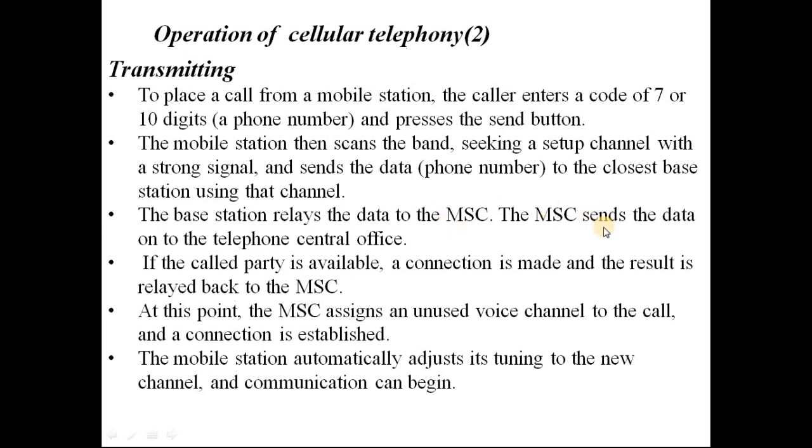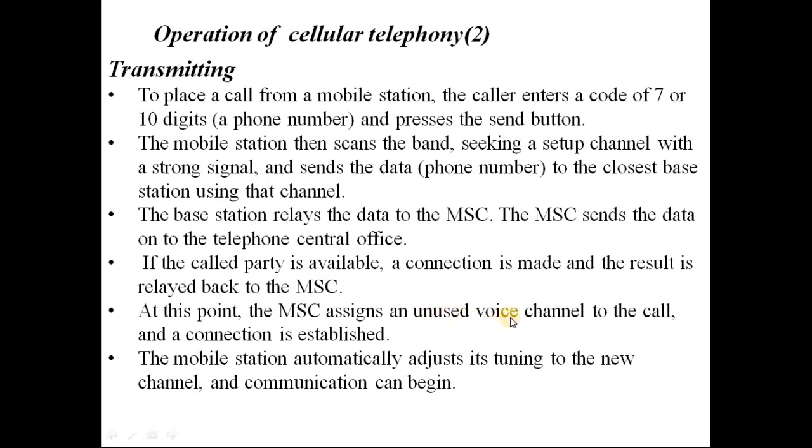From there, the MSC sends the data onto the telephone central office, where the actual work takes place. If the called party is available, a connection is made and the result is relayed back to the MSC. So this checks if the called party is available. If it is available, it sets the connection to the MSC.